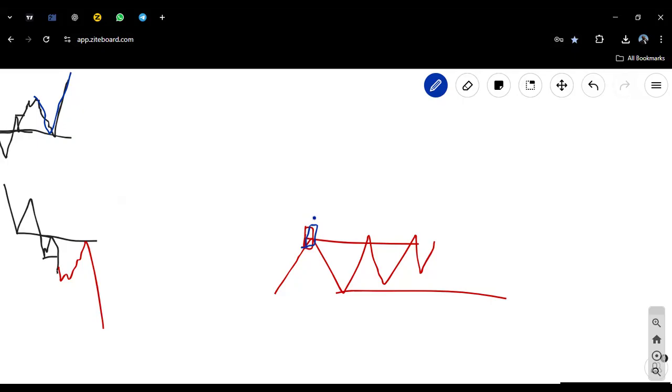You can mark from the wick and the wick below of that candle, or you can just mark the top wick of that candle. You can choose both. You can mark from wick to wick, or just use the top wick, from the start of the top wick to the end of the top wick.